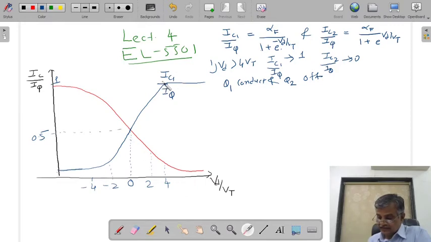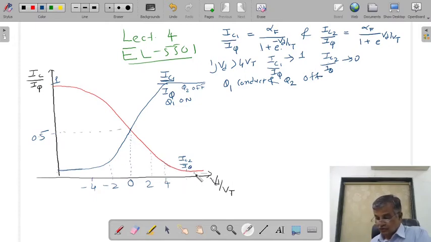In this region Q1 is on and Q2 is off. At the same time, IC2 tends to 0, so this line is for when VD by VT is more than 4, and this is the IC2 by IQ line.